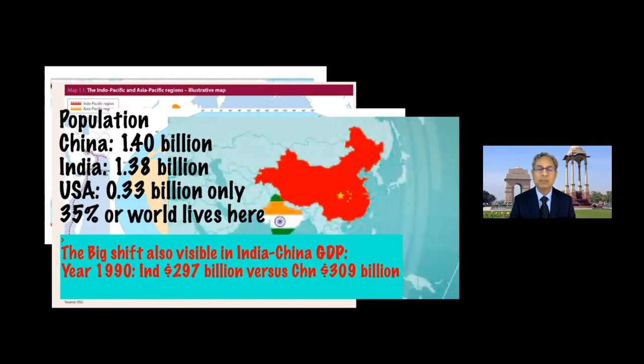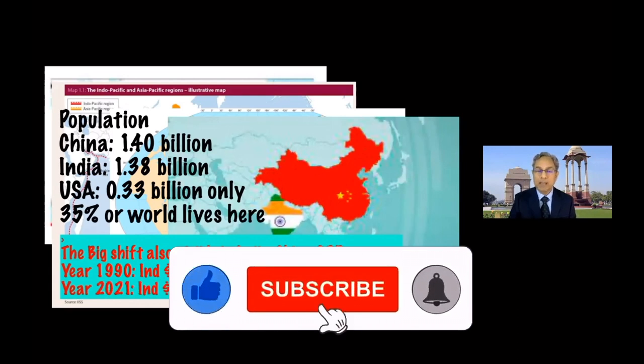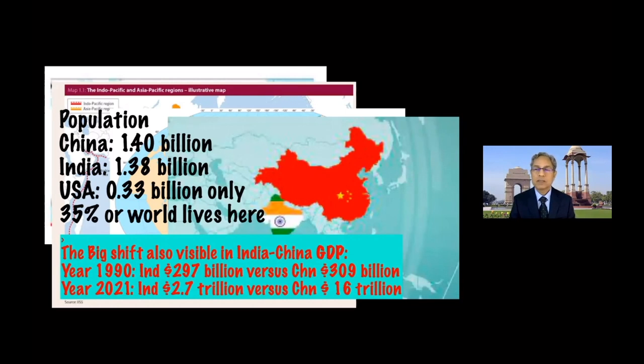China and India GDP was very similar. India was 297 billion and China was 309 billion. Very close to each other. But in the last 40 years, you see, a big change. Last year, India's GDP was 2.7 trillion, but China's GDP is now 16 trillion.